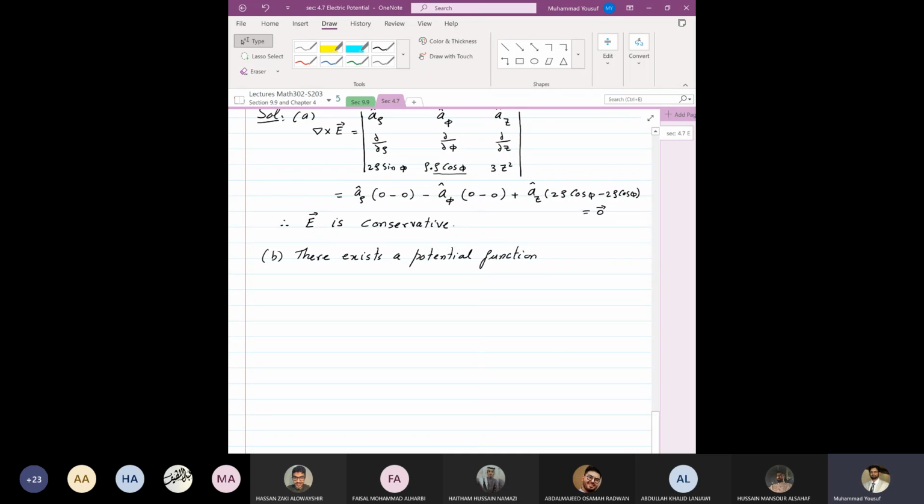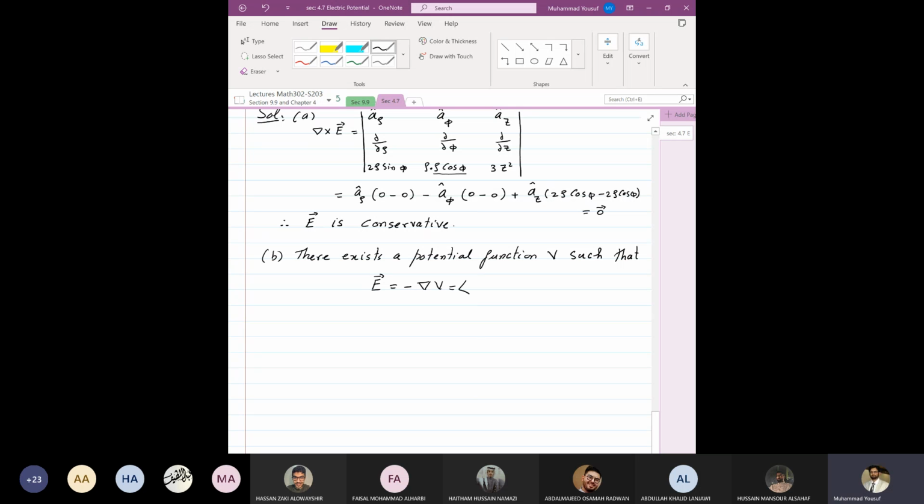There exists a potential function V such that this electric field E is equal to negative of the gradient of V, del V. Now, we are not in Cartesian where things are very simple. Here we are in cylindrical coordinates.